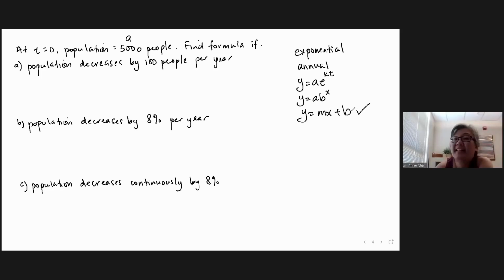Yes, it is linear because they tell you exactly how many people it is decreasing by or increasing by. If they tell you exactly what the number is and there is no percentage, they gave you an initial number, then it will be linear.